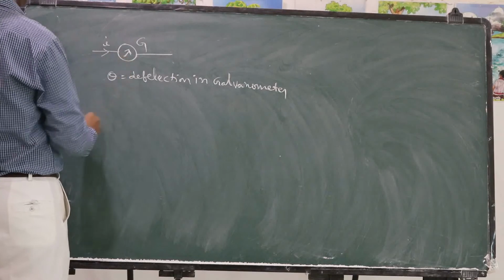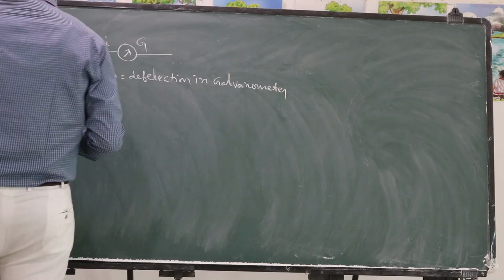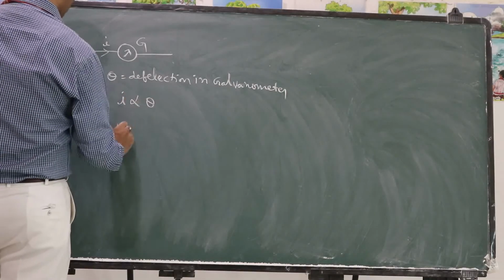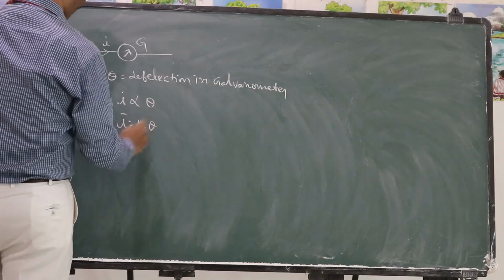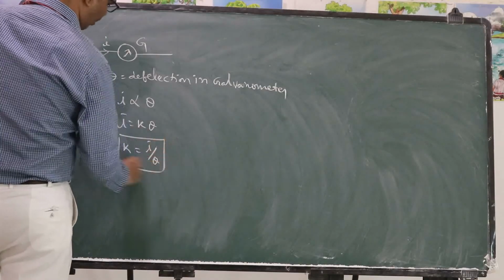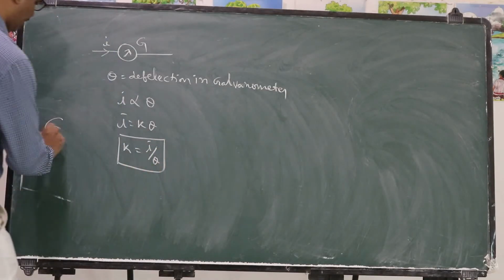When you increase the strength of the current, the deflection in the galvanometer also gets increased, I proportional to theta. Then I is equal to k theta. K is equal to I by theta. Here K is called galvanometer constant.